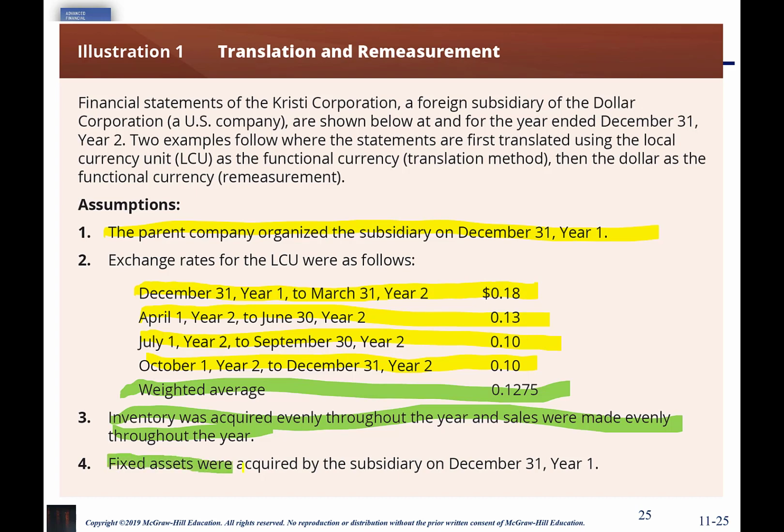And then fixed assets acquired by the subsidiary were acquired at December 31st, year one. So that would be the historical rate for those.